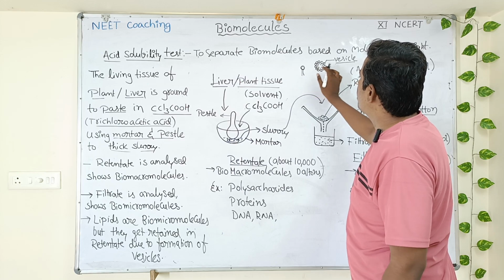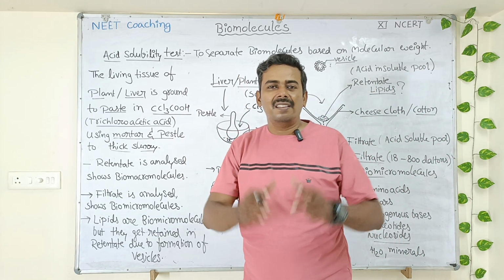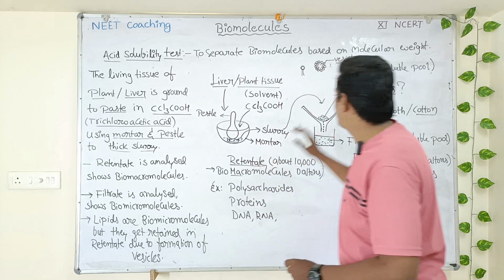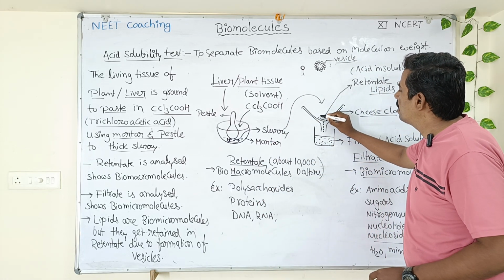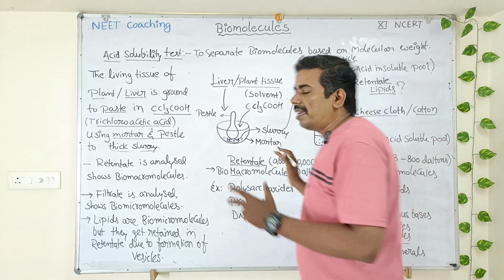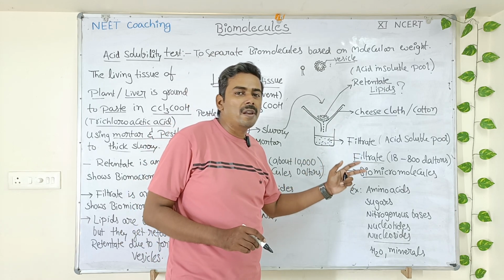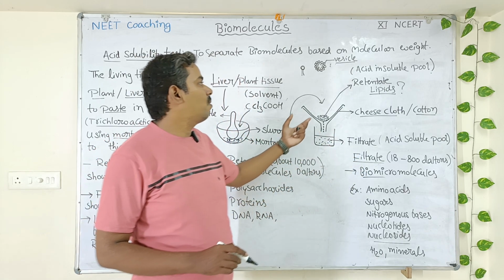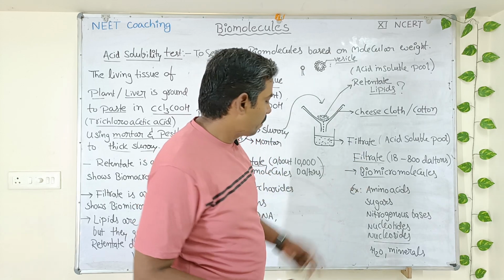Once the lipids change into vesicles, they cannot pass through the cheesecloth and they remain trapped in the cheesecloth, and that is the reason you can find a lot of lipid vesicles in the retentate. So actually lipids are biomicromolecules, but where were they found? They were found in the retentate along with biomacromolecules.